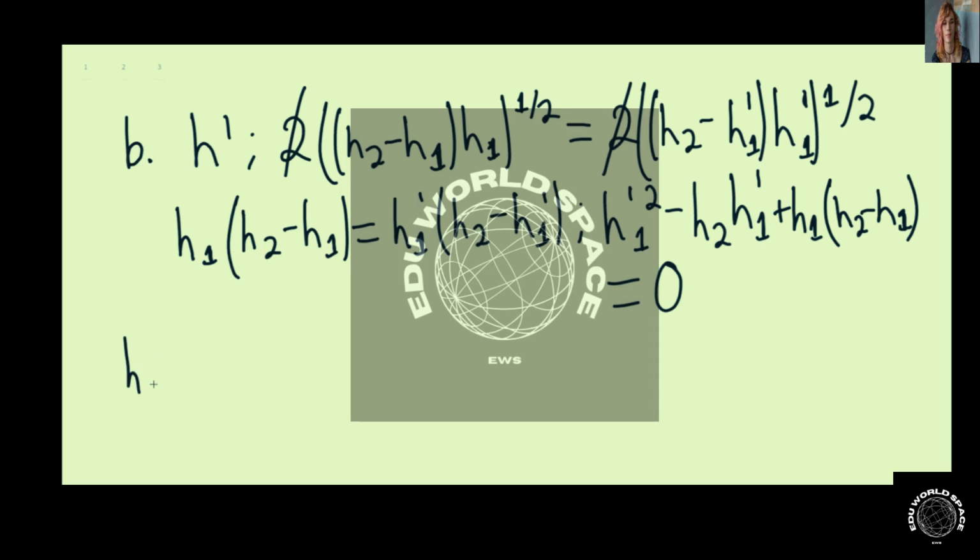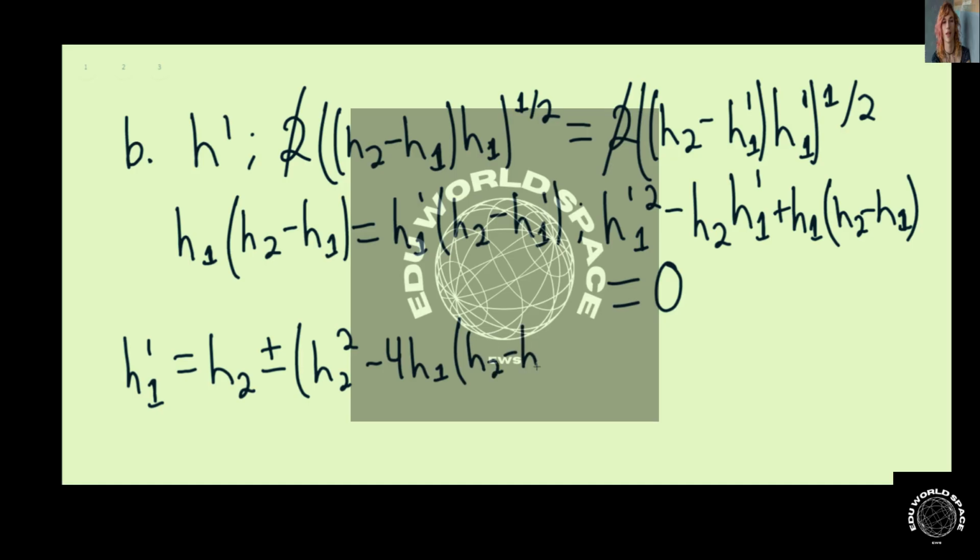So h sub 1 prime would be equal to h sub 2 plus or minus h sub 2 squared minus 4h sub 1 times h sub 2 minus h sub 1, to the 1/2 power, and then this will be divided by 2.